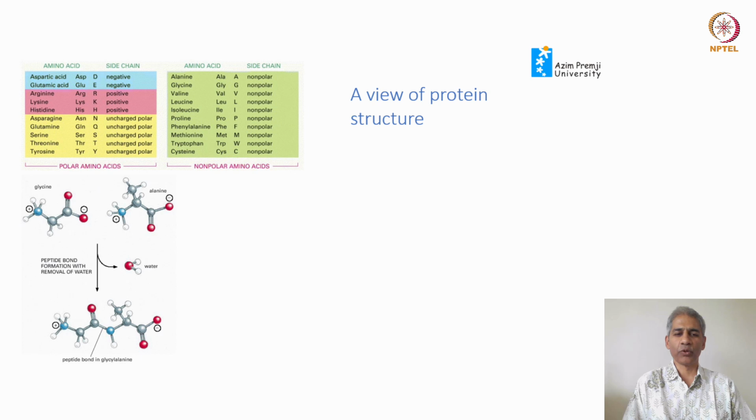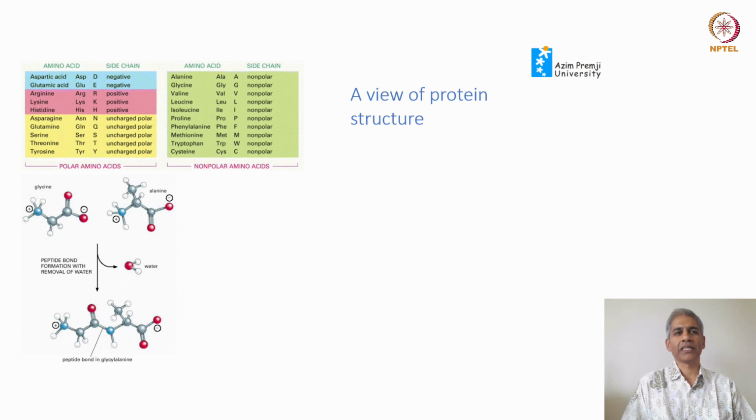And so every protein molecule, which is built up by the combinations of these amino acids, will also have an N end and a C end, depending on how these amino acids link up. That forms the primary structure of a protein, which is just a sequence of amino acids.